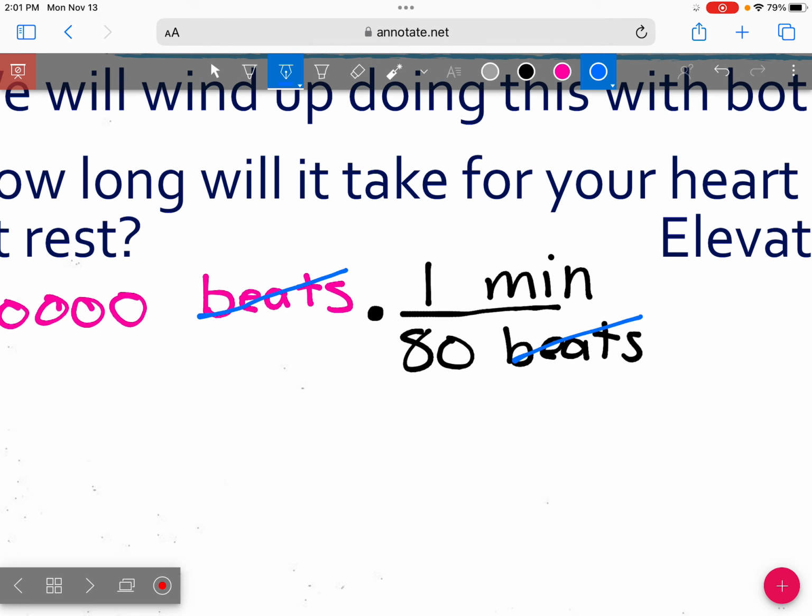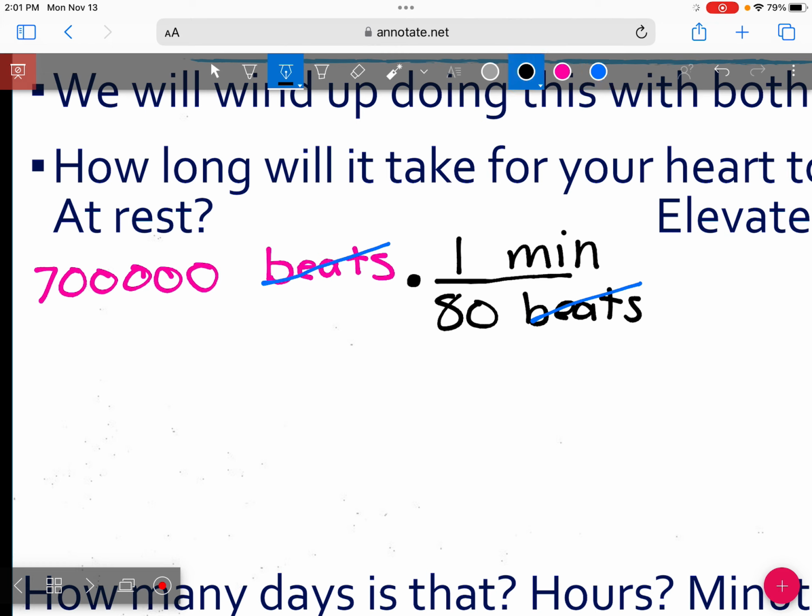So whatever our unit is that we would like to cancel out, we want that to be on top and on bottom. Because then we're going to multiply across. This is over 1. And we're going to wind up with 700,000 divided by 80.